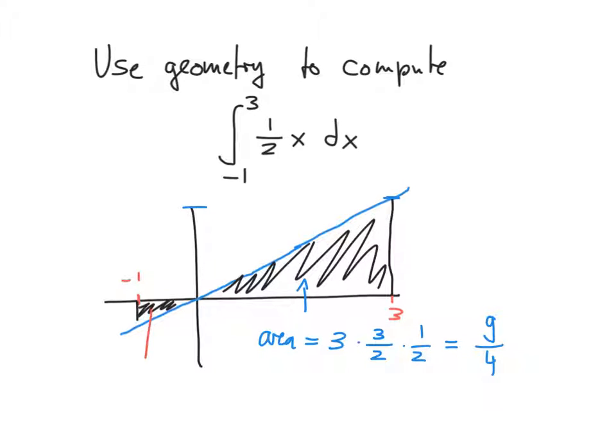And now the negative area, the one area that we have to subtract, would be, well, side length again would be 1 times, now this would be the side length here, the function value at -1 would be -1/2, but of course we're only interested in the side length here now, so it would actually be 1/2, and then multiply the whole thing by 1/2 because it's a triangle, right?